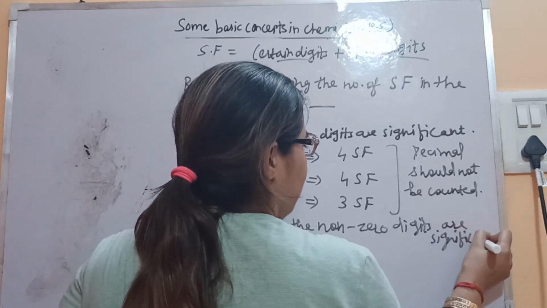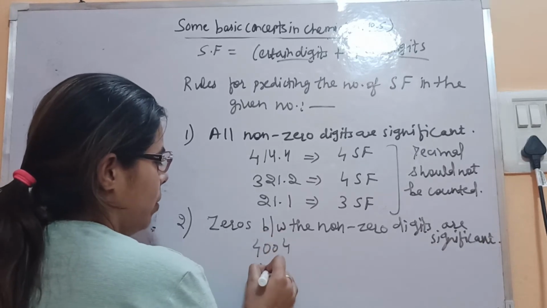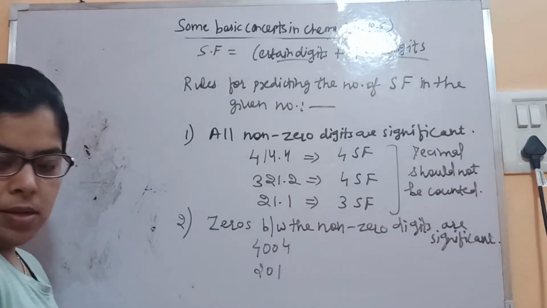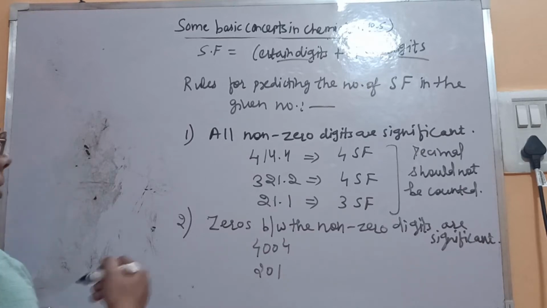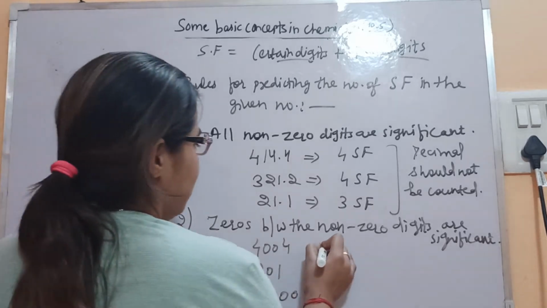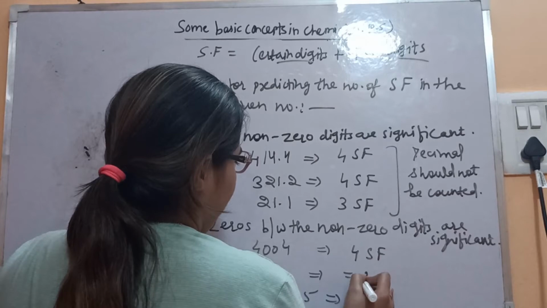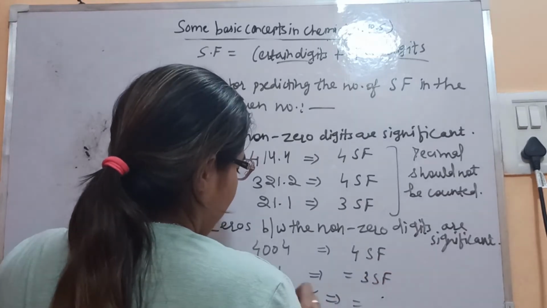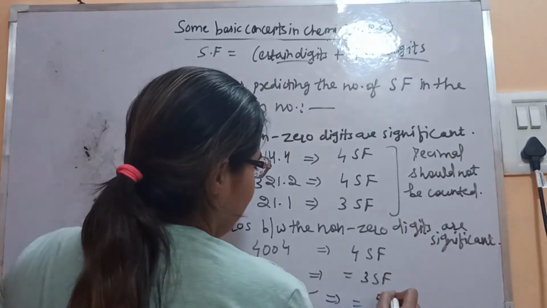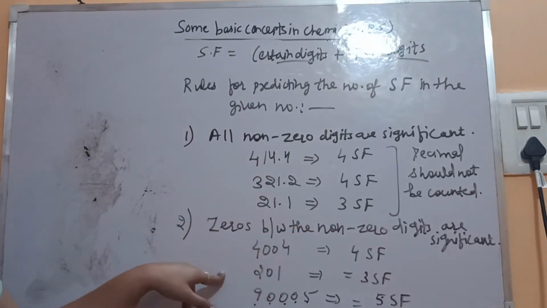For example, 4004, 201, 90005. All these are significant. Here 4 significant figures, here 3, here 1, 2, 3, 4, 5, 5 significant figures. They are present in between the non-zero digits, so zeros present in between the non-zero digits are significant.